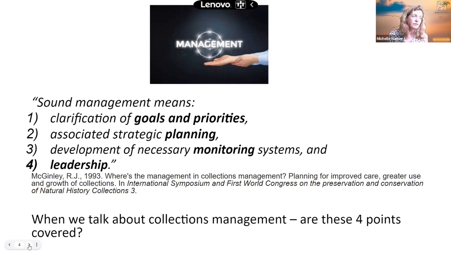I took these out of an article, it's quite old, 1993, but it's still very relevant today. It's an article about where's the management in collections management. So planning for improving collections. And when we talk about collections management, are these four points covered? Is this what we're doing? So when we go through the content today, you'll be able to assess whether you are managing in a proper management way.